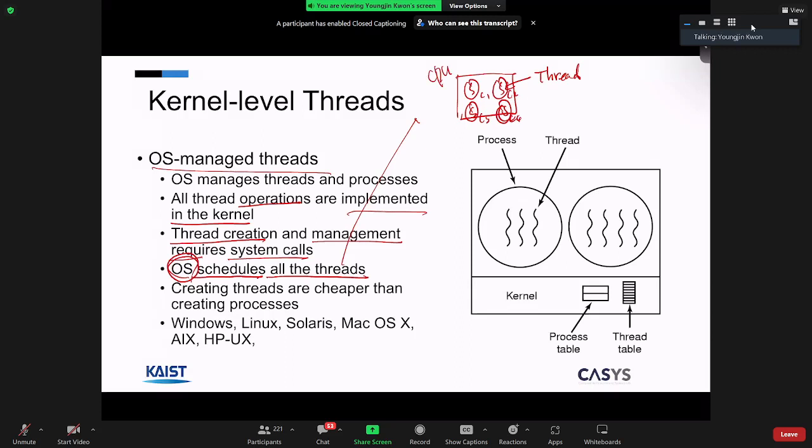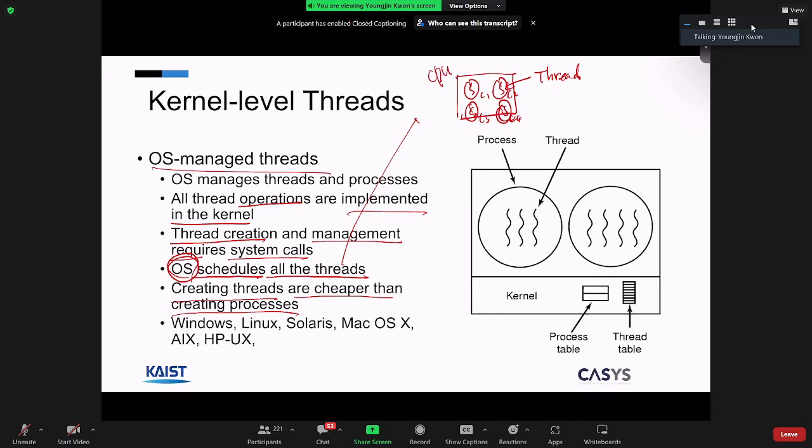However, despite that, creating a thread is still cheaper than creating a process, because threads can share many states, but a process is completely isolated. The address space should be isolated for processes, but threads do not have an isolated address space. So creating a thread is still cheaper.